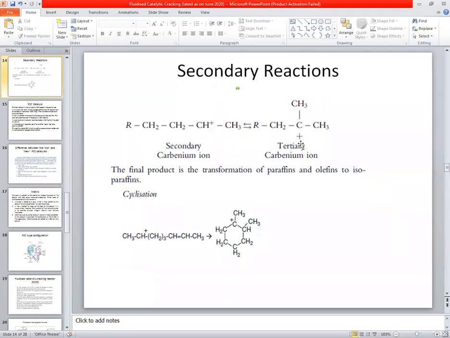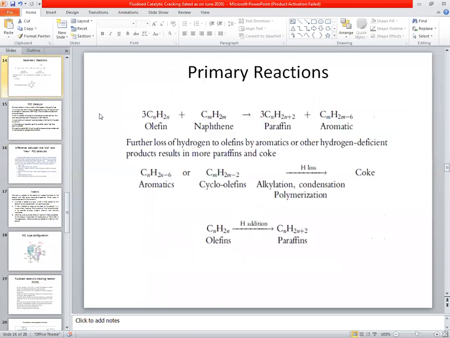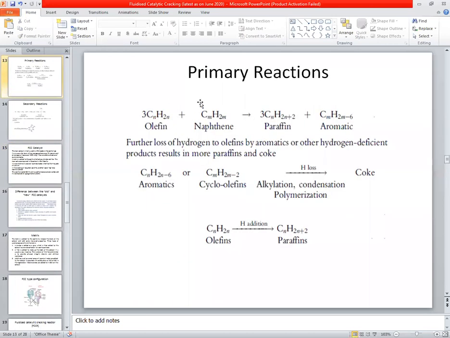Due to secondary reactions, first hydrogen transfer, followed by cyclization, produces the coke. Secondary reactions we cannot avoid in the FCC unit, but it is advisable to run to get the maximum product by primary reactions, because it produces the olefin, the desired product.